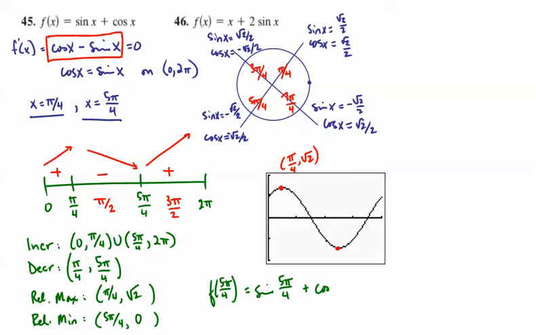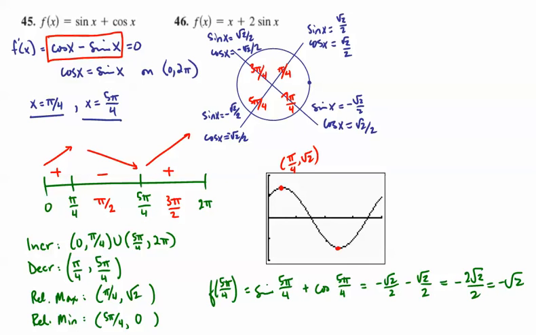So it should have been negative root 2 over 2 minus root 2 over 2, and that should have given me negative 2 root 2 over 2, which is negative square root of 2.